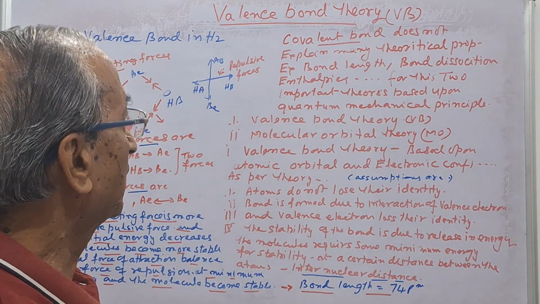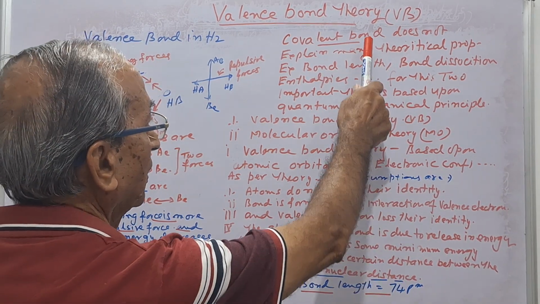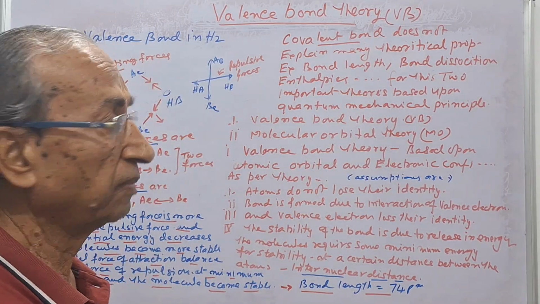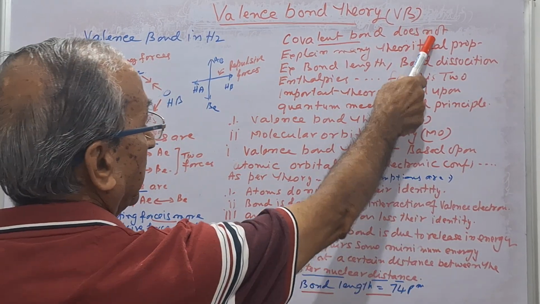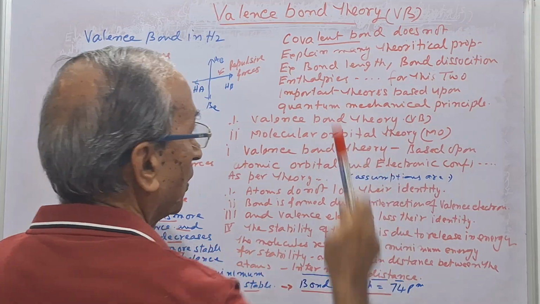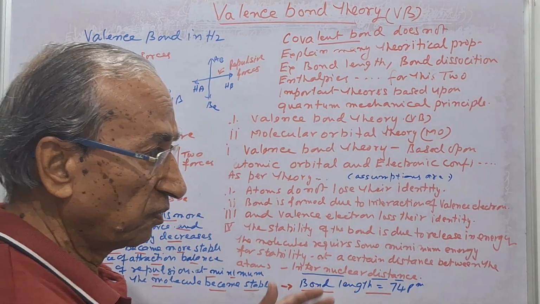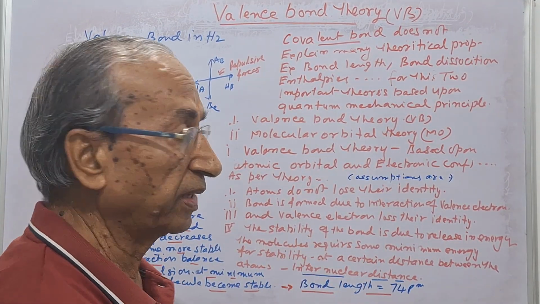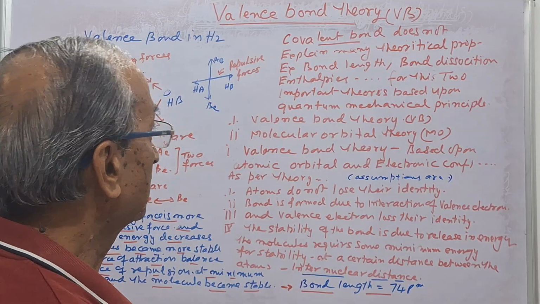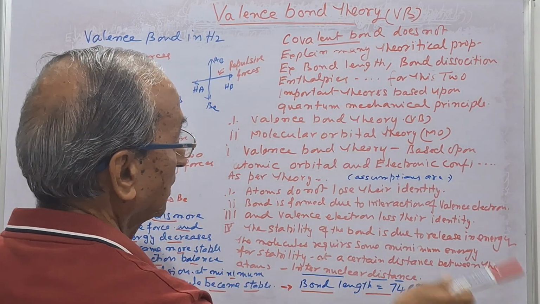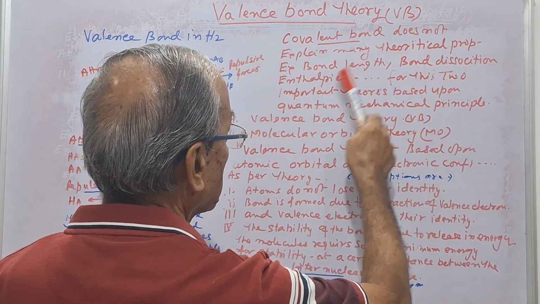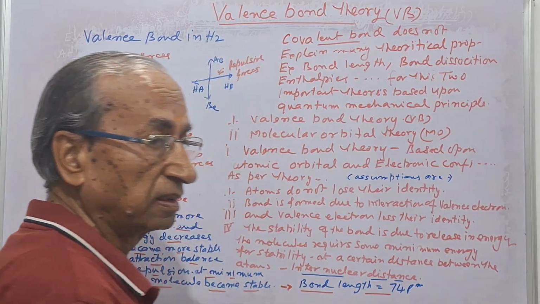But simply covalent bond formation means a molecule is formed, but it does not explain many theoretical properties. That is, what is the force of attraction between the two atoms, what is bond length, what is bond dissociation enthalpy, and other properties.